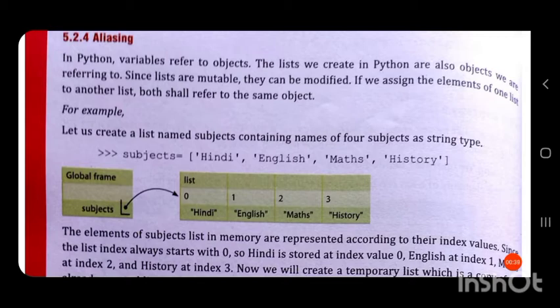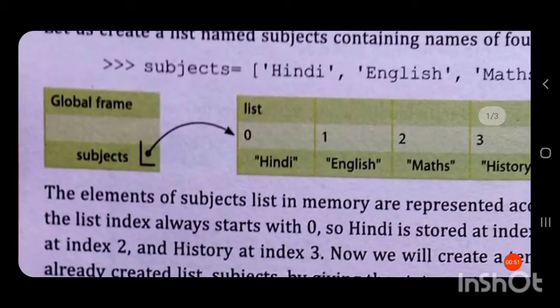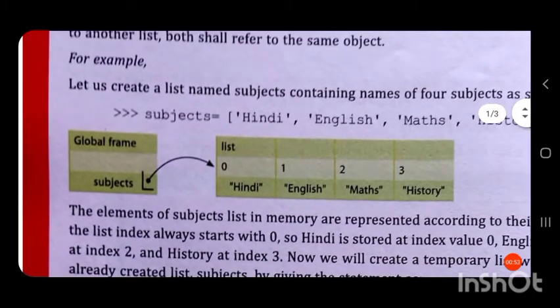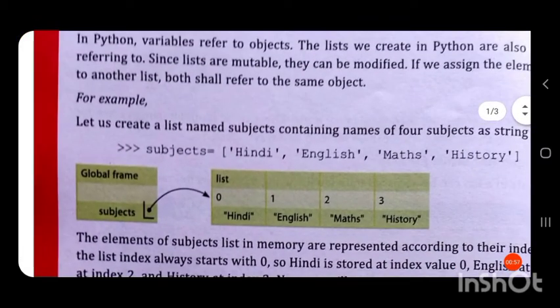So in Python, variables always refer to an object. A variable always points to an object, this way. Subject is a variable, it is a pointer, and you can see it is pointing to an object.